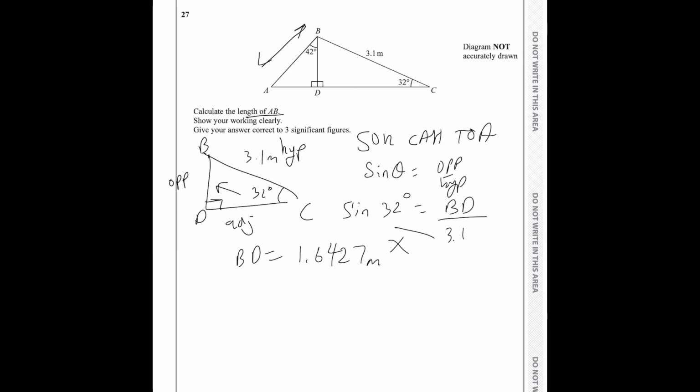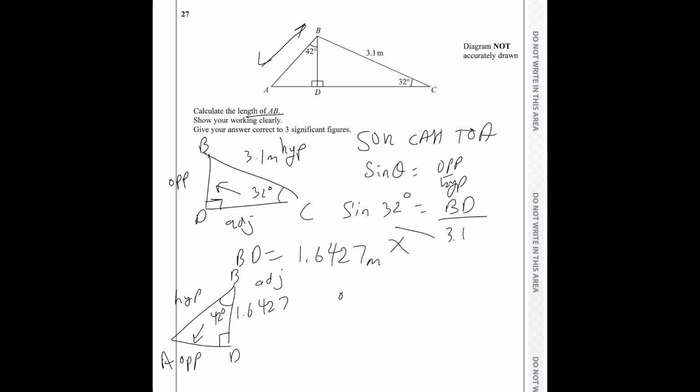Now in order to do that, you have to draw another triangle. You have B, D, and A. This is 42 degrees. We found out what BD is. Since we know what BD is, you have the opposite, hypotenuse, and adjacent. This time you're going to use the rule of cos.